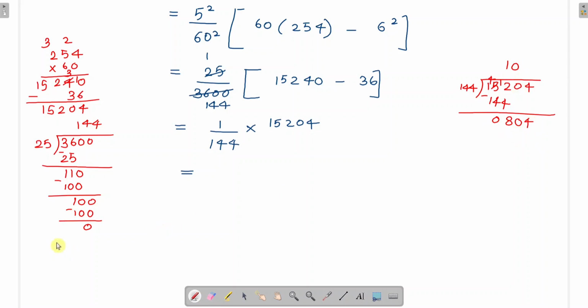So 144 sevens are, let us see, 7 fours are 28, then 7 fours are 28 plus 2 is 30, 7 times 1 is 7, plus 3 is 10. Okay, so 144 fives are, let us see, 5 fours are 20, 5 fours are 20, plus 2 is 22, and 720 we will get.